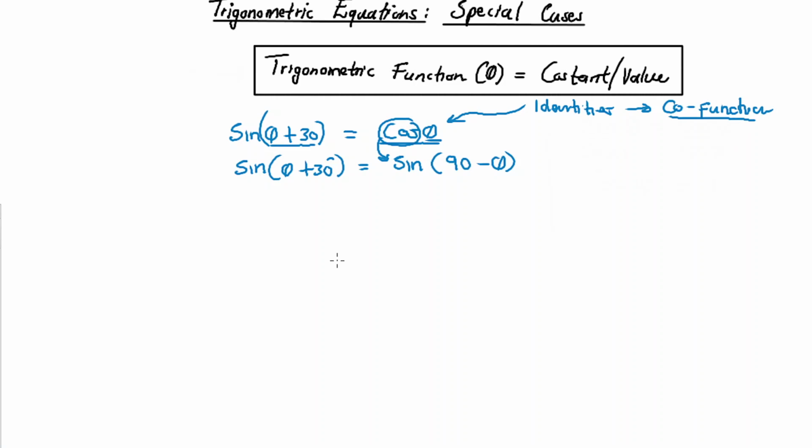Yeah? To write cos as what? As sine. The moment the ratios are the same, I can just drop them and equate the angles: 90 minus theta.